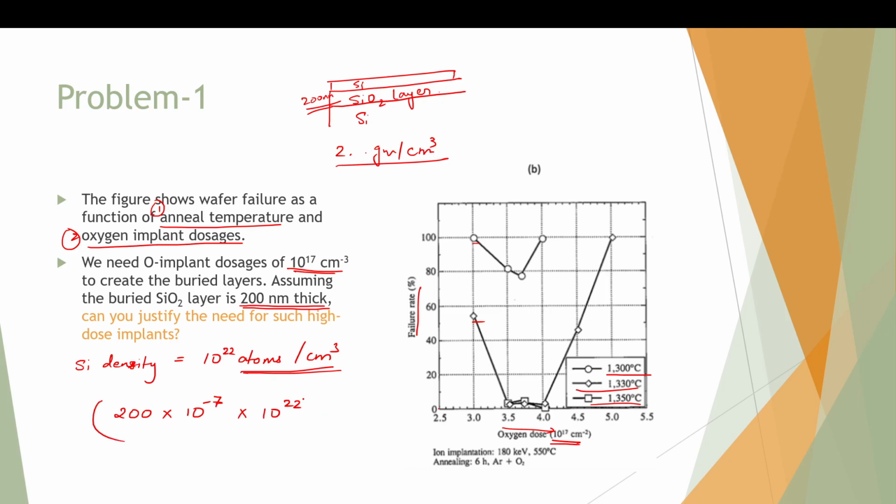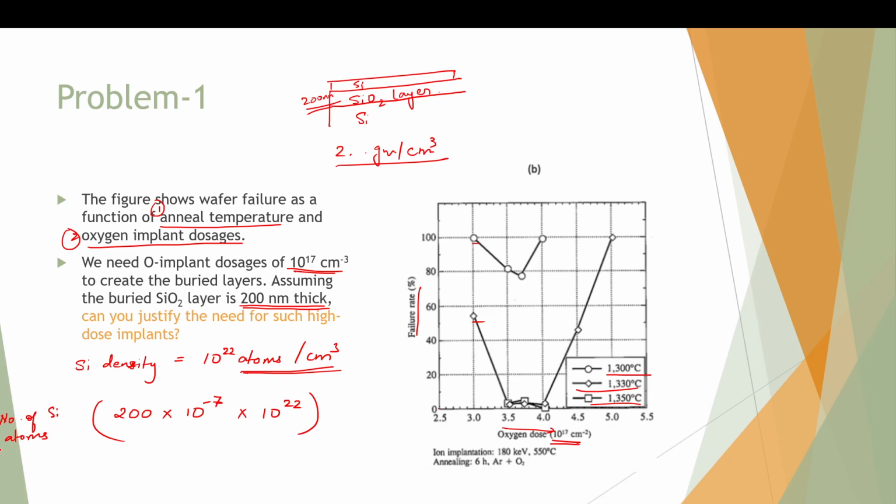will give me the number of silicon atoms that will be required to form the SiO2 layer. Actually, this is not the number of silicon atoms, since we are multiplying only with the thickness.